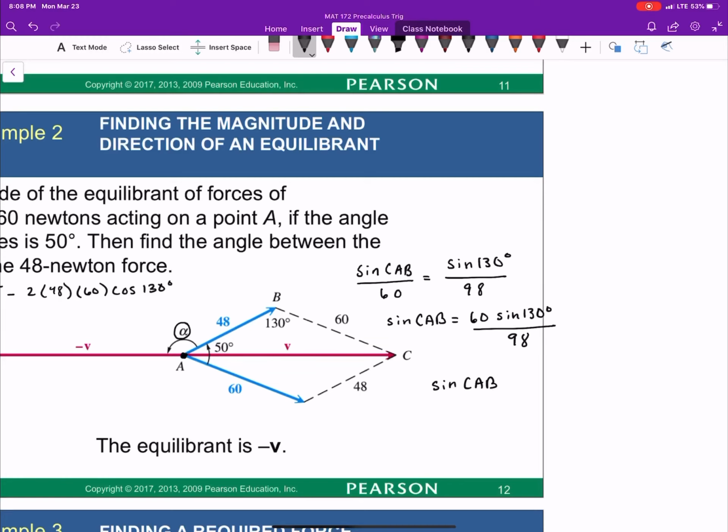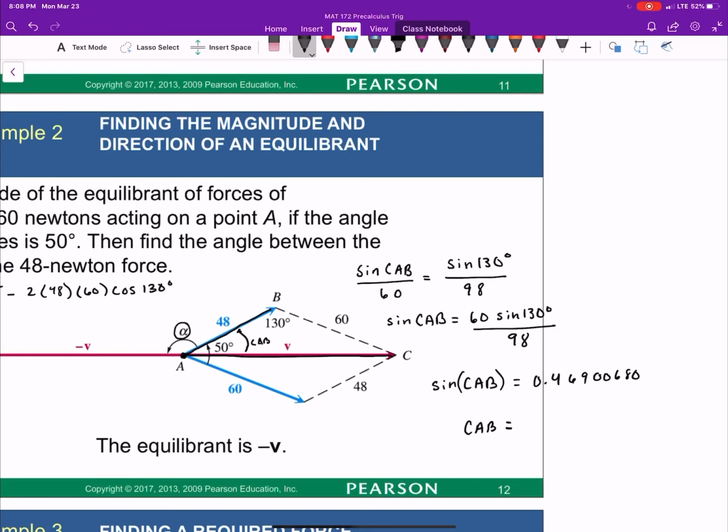So we have the sine of CAB is equal to, roughly, let's put it in the calculator. As you can see, this is the angle that we're actually looking for right here. 0.4690068.